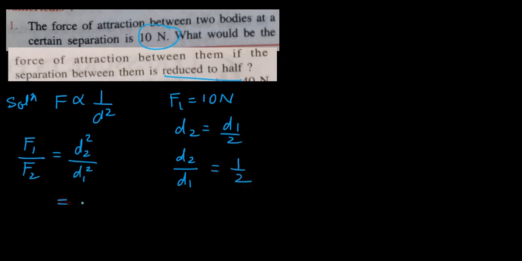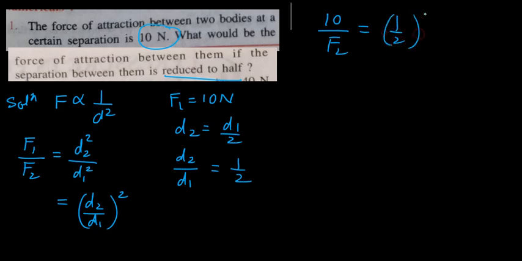So therefore this, which is d2 upon d1 squared. Okay, so I will write F1 as 10, this is F2, and this is 1 by 2 squared. This is F2 and this is 4. So F2 is 10 into 4.